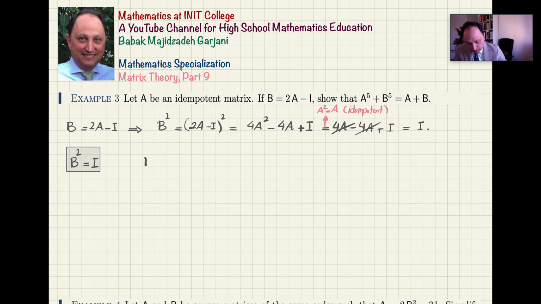So b5, I would prefer to write it in that way: b squared squared multiplied by b. But b squared is just I, so this becomes equal to I squared times b, but I squared is I, times b is b. So that's it. We learned that b to the 5 is equal to b. What can we say about a to the 5?